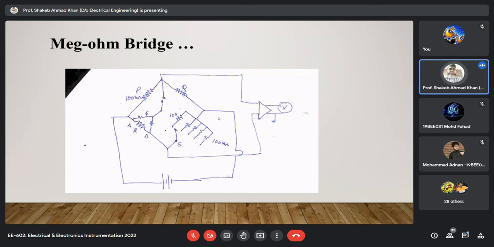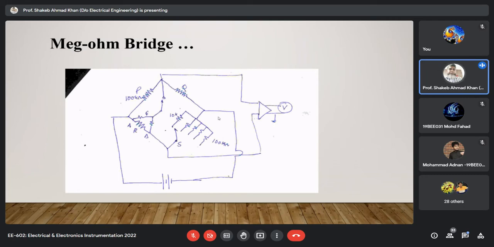One part is low resistance, that is less than 1 ohm, then medium, the moderate range, that is 1 ohm to 100 kilo ohm, and beyond 100 kilo ohm is high resistance. And we discussed methods used for it.